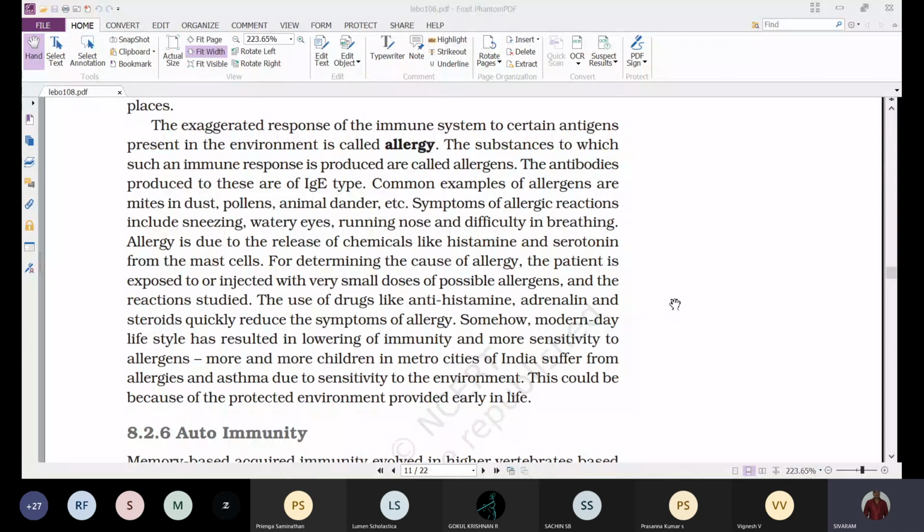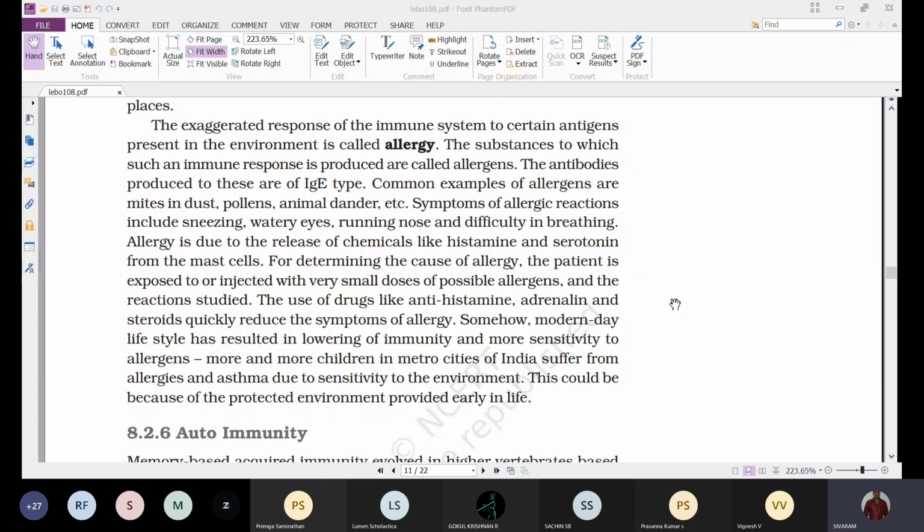They show allergic reactions very quickly. That's why we have to allow the children to be exposed to different environmental conditions in the young age itself.